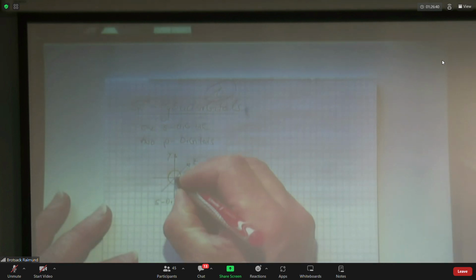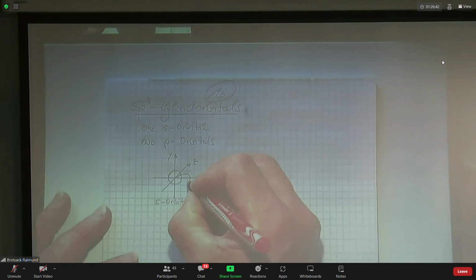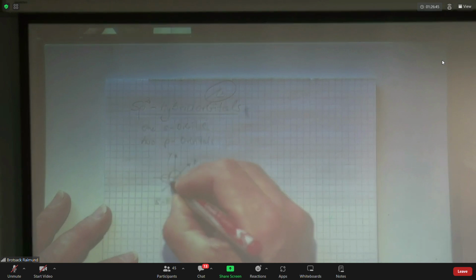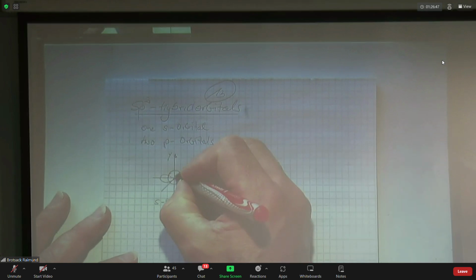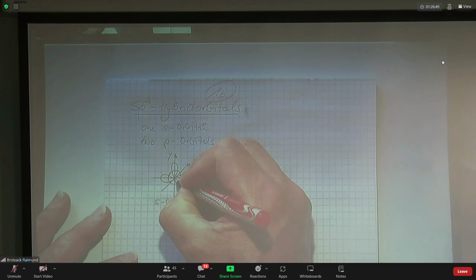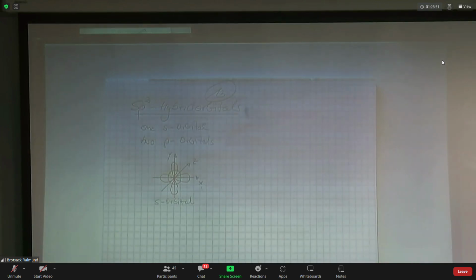When we just talk about the structure in the carbon atom, then let's talk about the px orbital and the py orbital. This is our starting point.